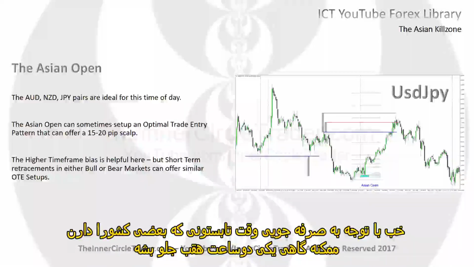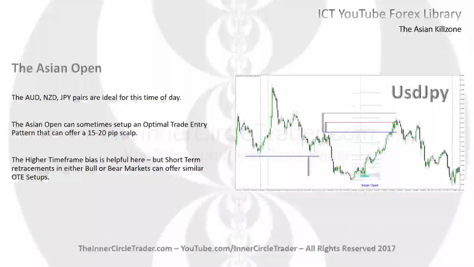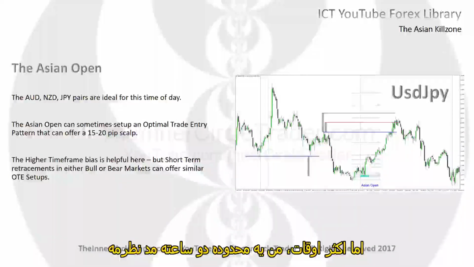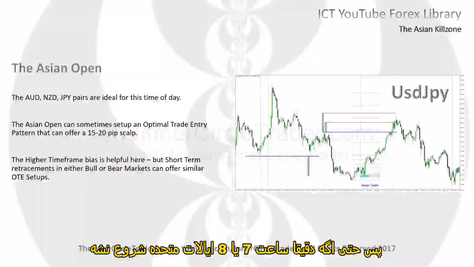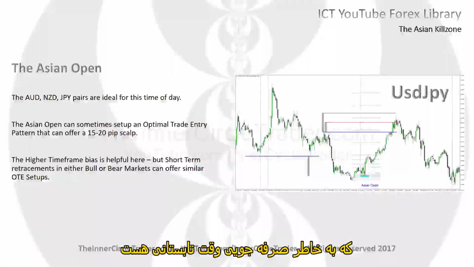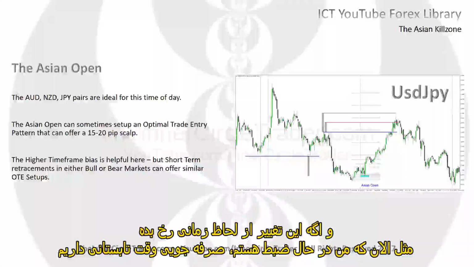Now, it'll fluctuate back and forth relative to daylight savings time, but for the most part, I'm looking at a window of about 2 hours. So even though it may not start exactly at 7 o'clock or 8 o'clock in the States in the evening, relative to the daylight savings time shift, like right now we are in daylight savings time at the time of this recording in December 2017.